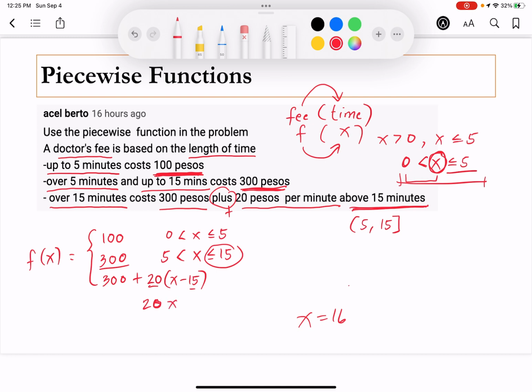Let's say 16 minutes, 16 times 20, di 320 na. So, 320 plus 300, 620. So, lugi ka. Okay? So, kailangan mong subtract yung 15 minutes kasi nga bayad na sa pangalawang condition. Okay? Alright. So, let's just remove that. Okay. Para maayos. Okay. So, this would be our final answer for the given problem.